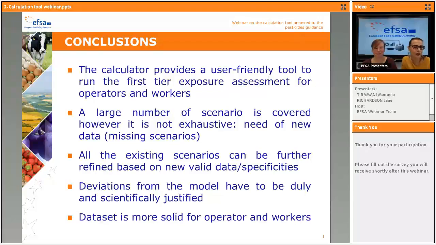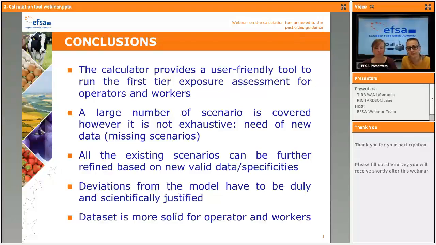Many scenarios are covered, but as it came out in many cases, we know that the guidance as it is now is not completely exhaustive. So we need new data in many parts, small bits and pieces here and there, but we need data.